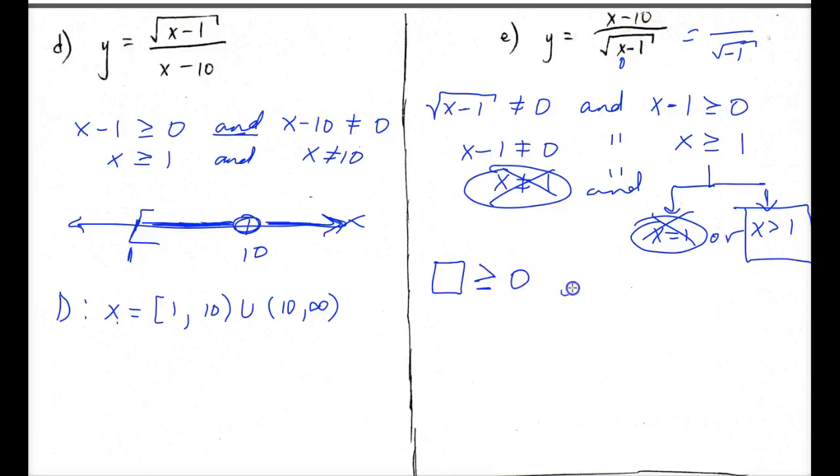So whenever you have a function where you have a square root or fourth root of something in the denominator, you would have to say that your radicand is greater than 0, or your radicand has to be positive. Okay? So whenever we see this, instead of writing all this stuff that we wrote here, we could have simplified everything by doing the following. And I'm going to erase this and just come up with that answer.